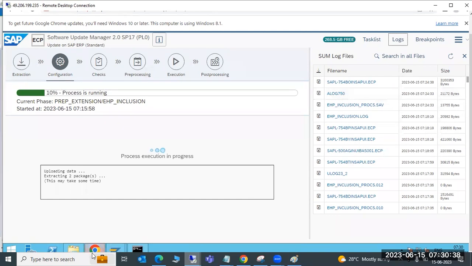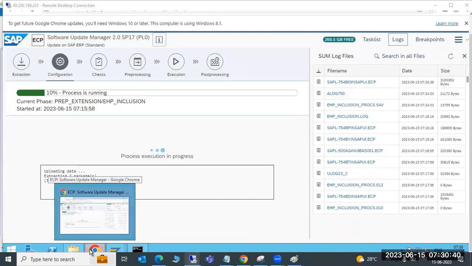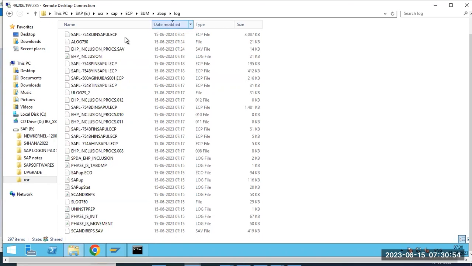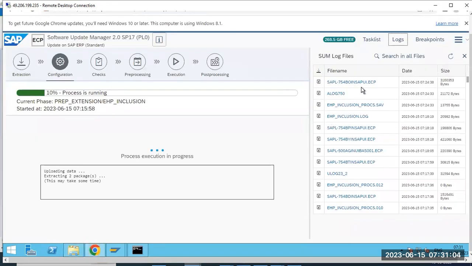The same logs, including the EHP inclusion log, will be displayed here as well.